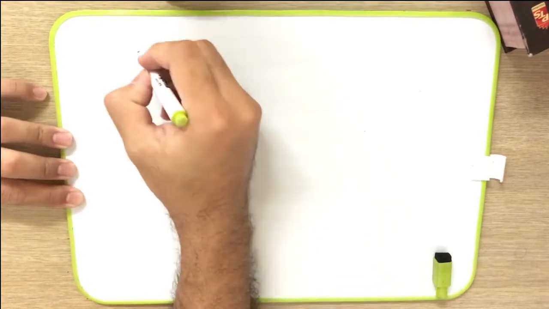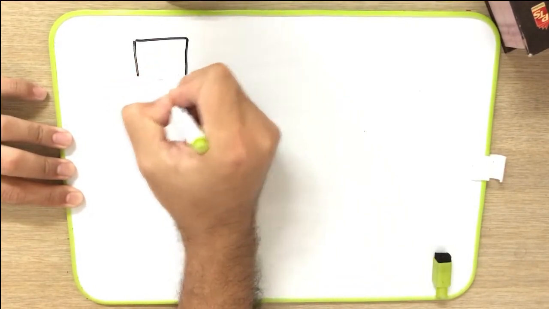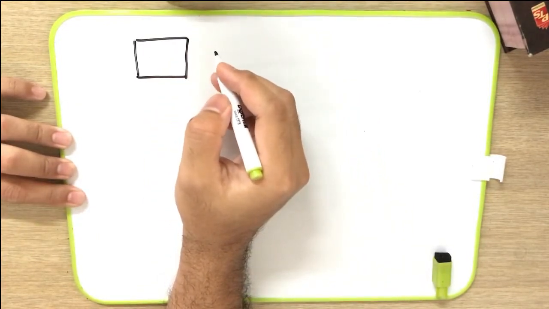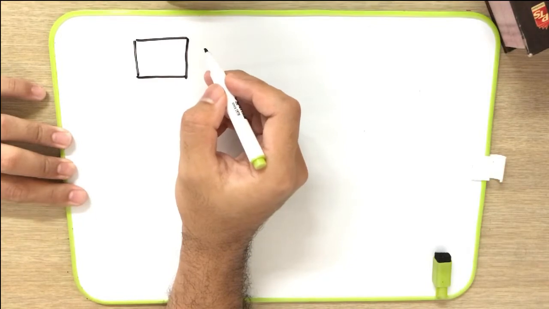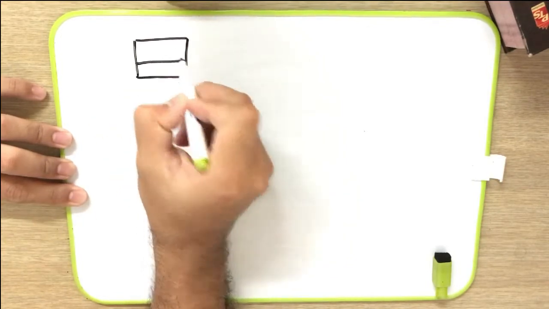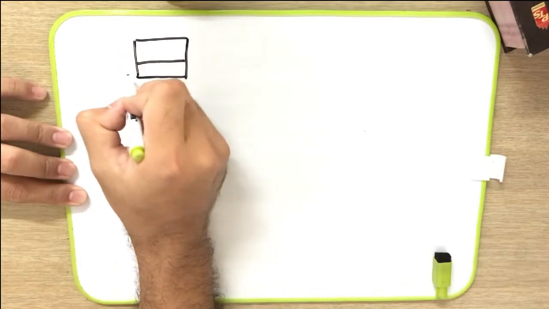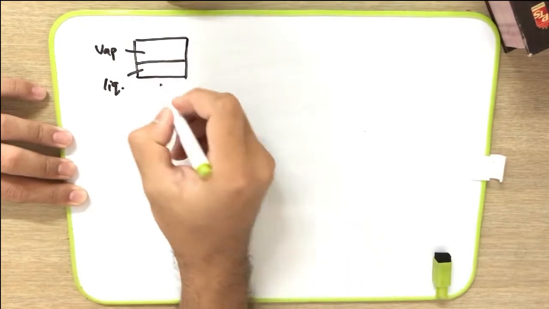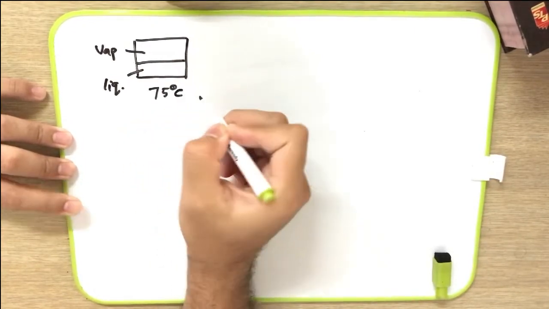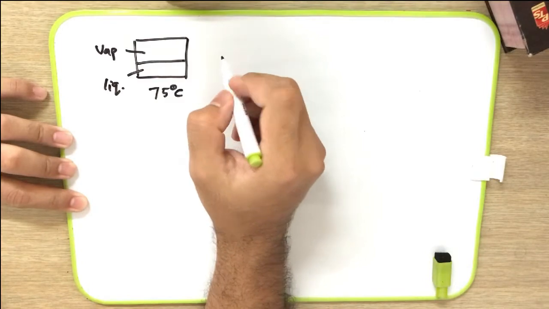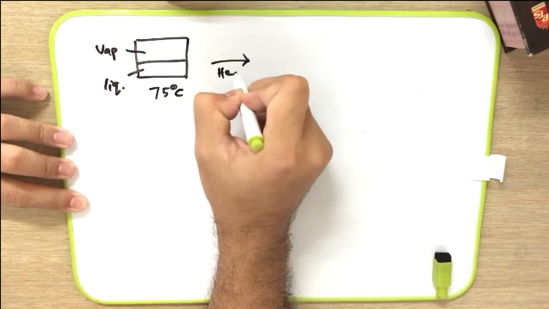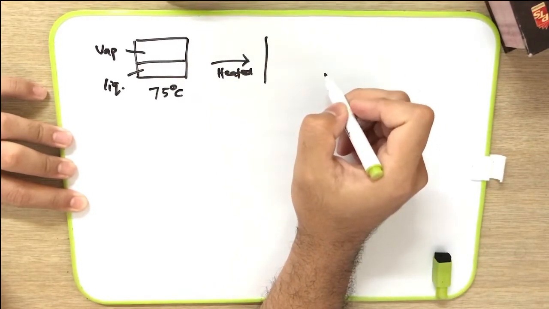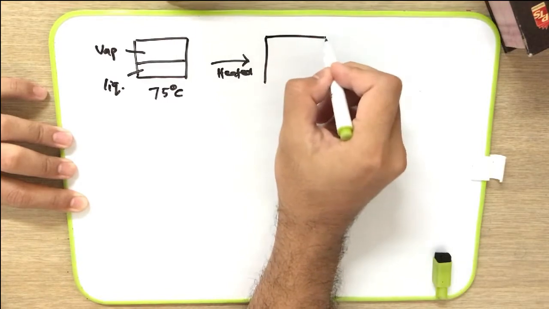First, we draw. It is a rigid tank. In this rigid tank, it says it contains a saturated liquid vapor mixture, in which some portion is liquid, some portion is vapor, and the temperature is 75 degrees C. The water is slowly heated so that the liquid in the tank is completely vaporized.